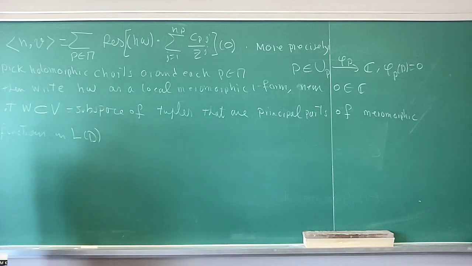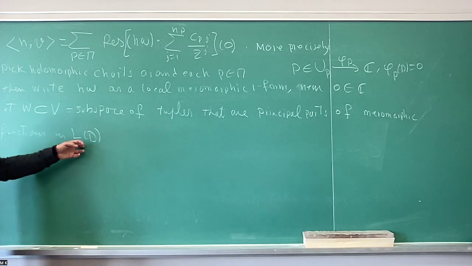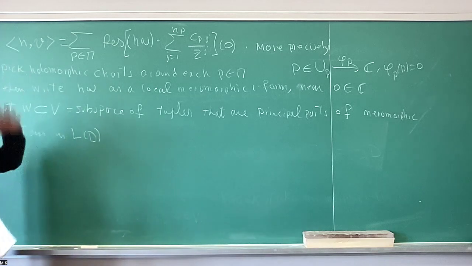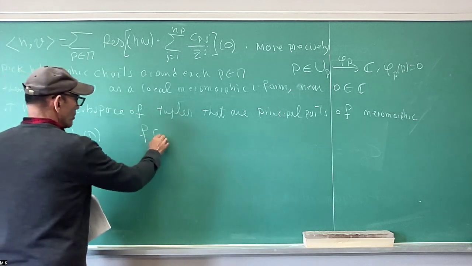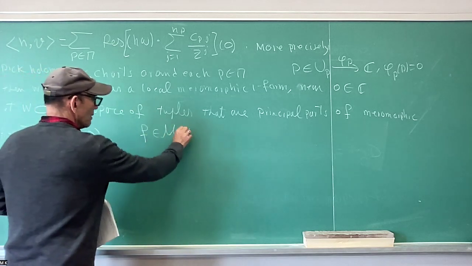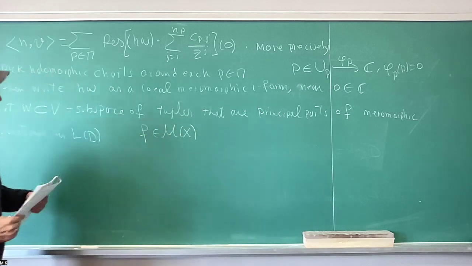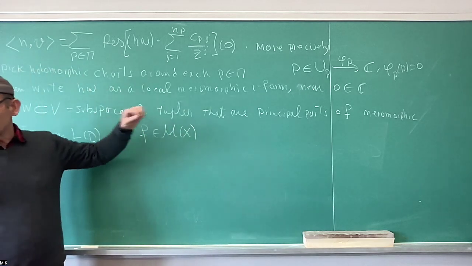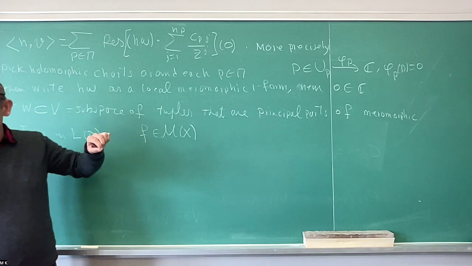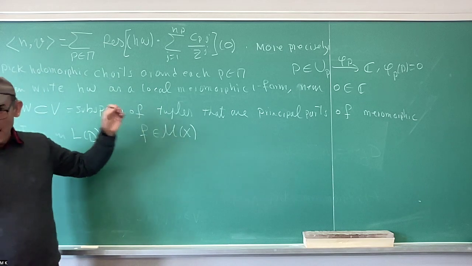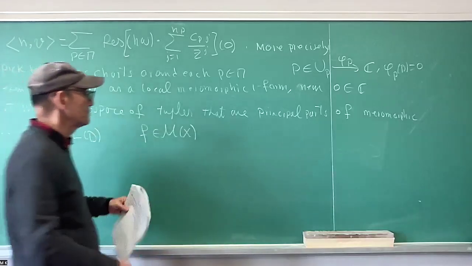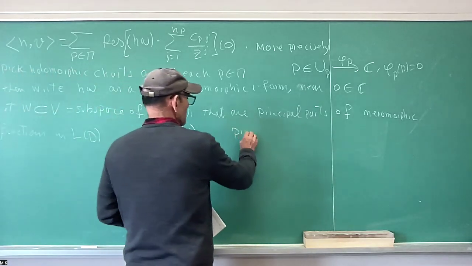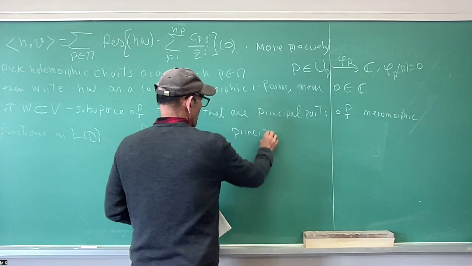If you have a meromorphic function, whether it's in L of D or not, say f belonging to M, you can always expand this meromorphic function around those points p. There may be a pole or not, and then you just take the strictly negative part. So principal part is a concept that I define.